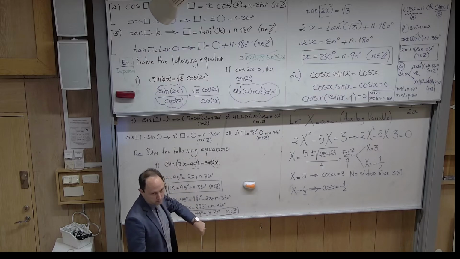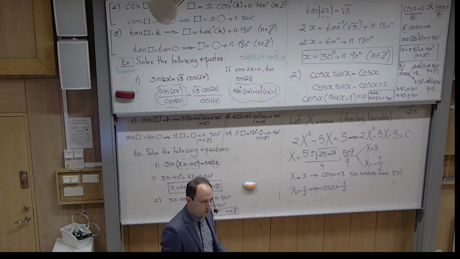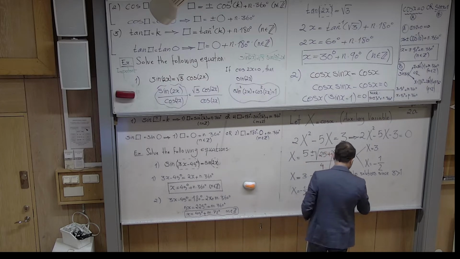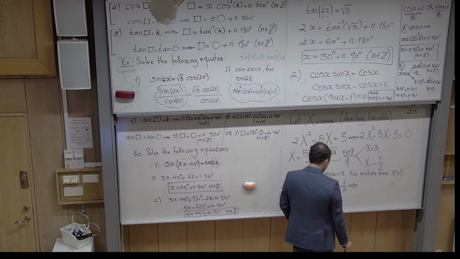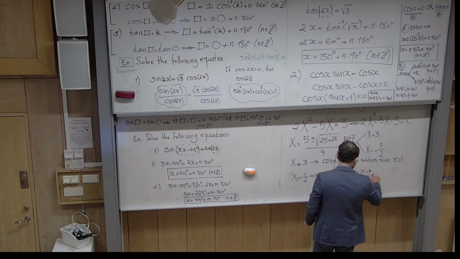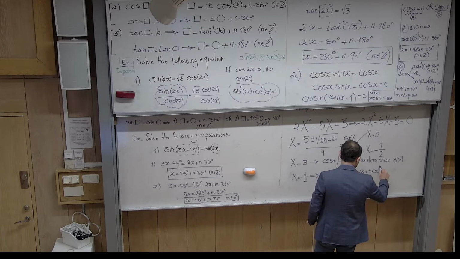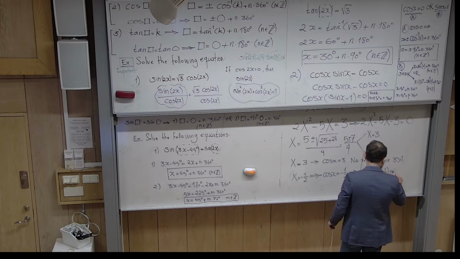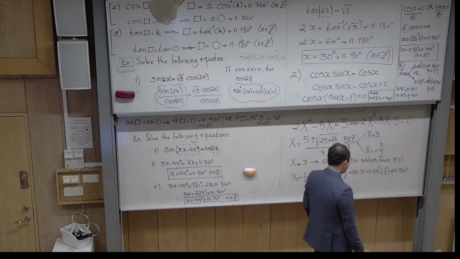Yes, because minus 1/2 is really between minus 1 and 1. But then you need to remember something. So x becomes plus or minus cosine inverse of minus a half, and then plus, let me also teach you here, n times 360 degrees.